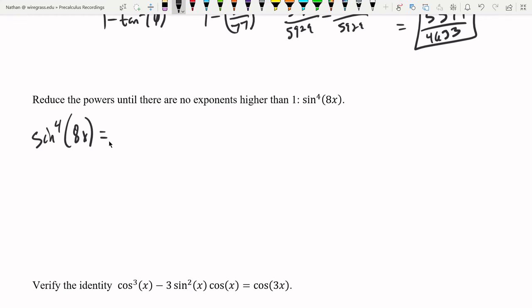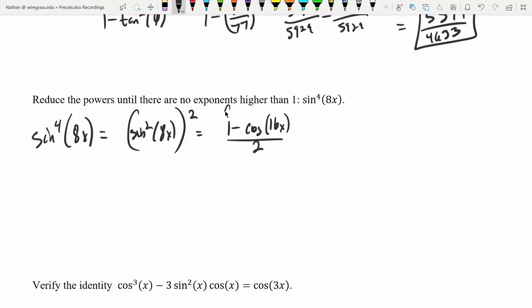This is really the same thing as sine squared of 8x, squared. Sine squared is going to be 1 minus cosine of 2x over 2. In this case, x is 8x, so we're going to have 16x here over 2, and that's going to be squared. So we need to multiply this thing out.